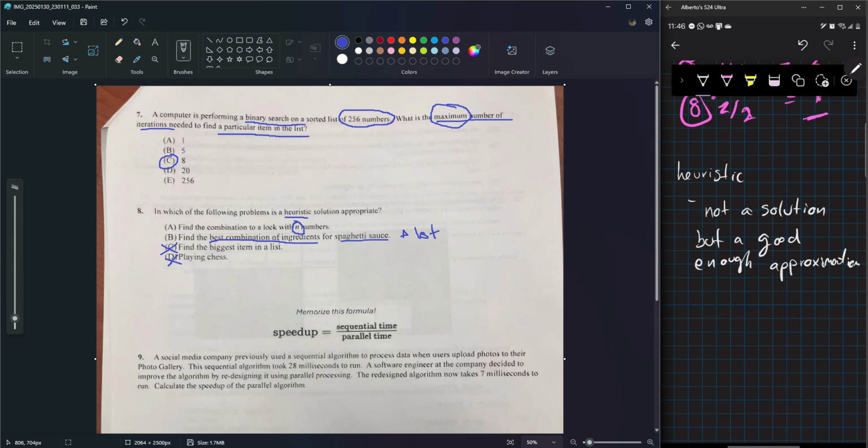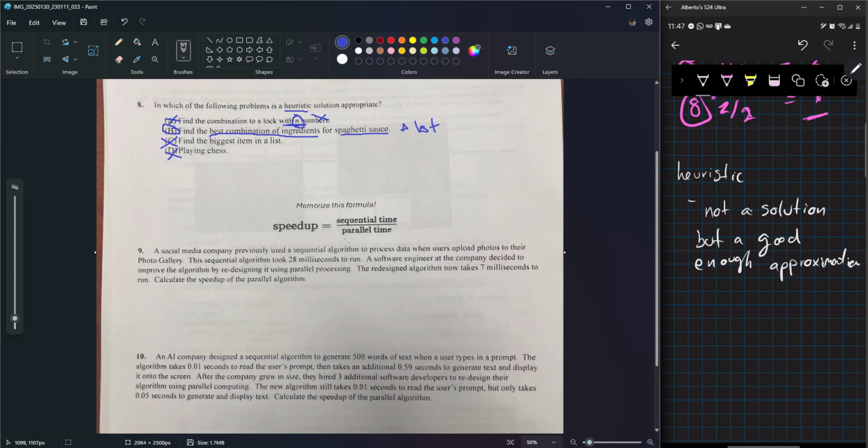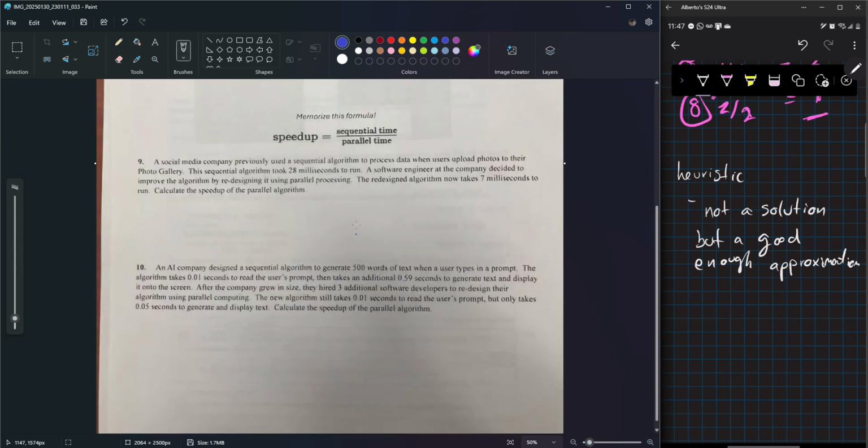So you can never really say this is the best, because there might be some ingredients that you haven't tried. It's not a solution, but it would be a good approximation of, oh, this tastes really good. Having the n here means there will be a limit on how many combinations there can be. So this wouldn't be the answer. It would be the spaghetti.